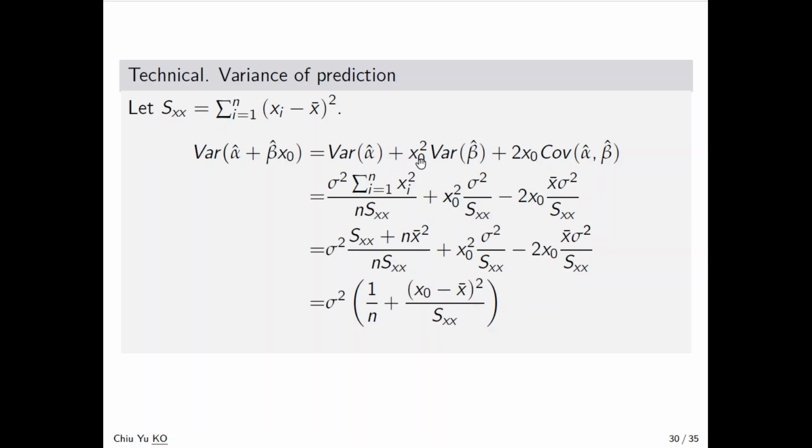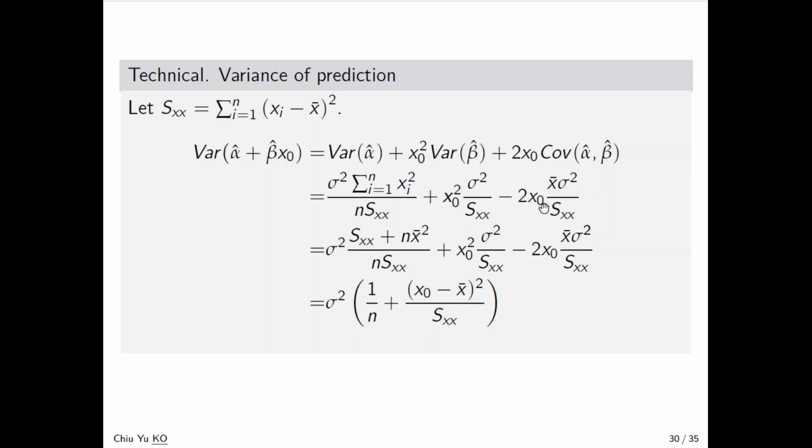And x0 is given, because we know this value. The variance of beta hat is sigma square over Sxx, and the covariance of alpha hat and beta hat is given by negative x bar sigma square over Sxx.